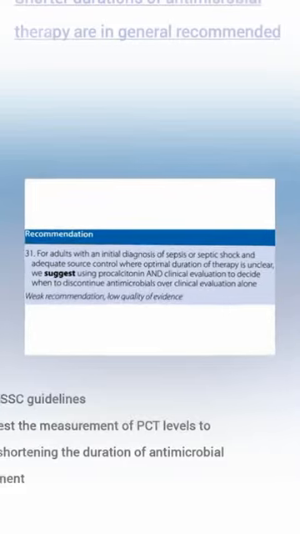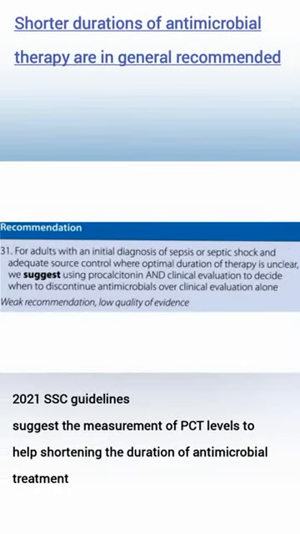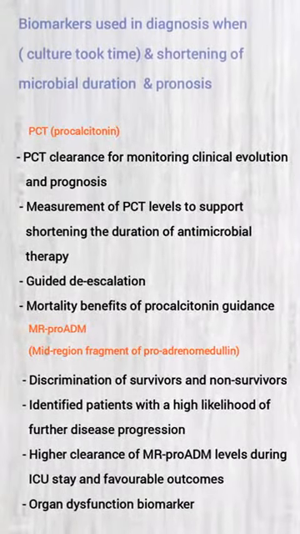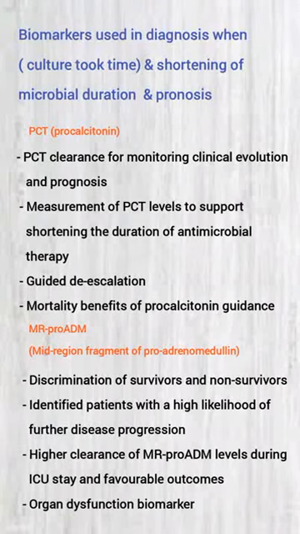For adult patients with sepsis or septic shock on antimicrobial treatment, the Surviving Sepsis Campaign recommends shortening the duration of antimicrobial treatment by measuring procalcitonin level to help adjust the treatment period. Also, many studies show that there is a mortality benefit related to procalcitonin guidance of antibiotic treatment.